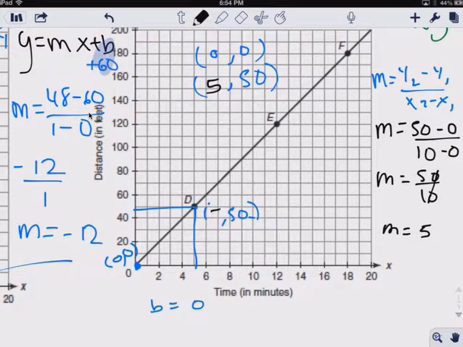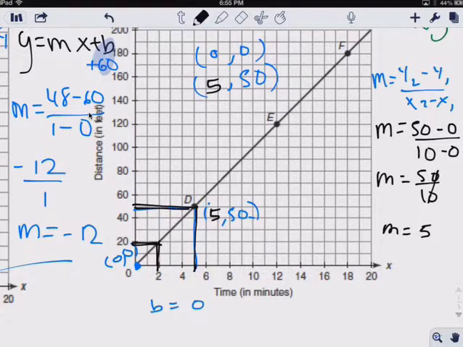The reason I knew I was wrong is because the slope here is 20 over 2, which is 10, and 50 over 5 is still 10, and I keep getting 5.